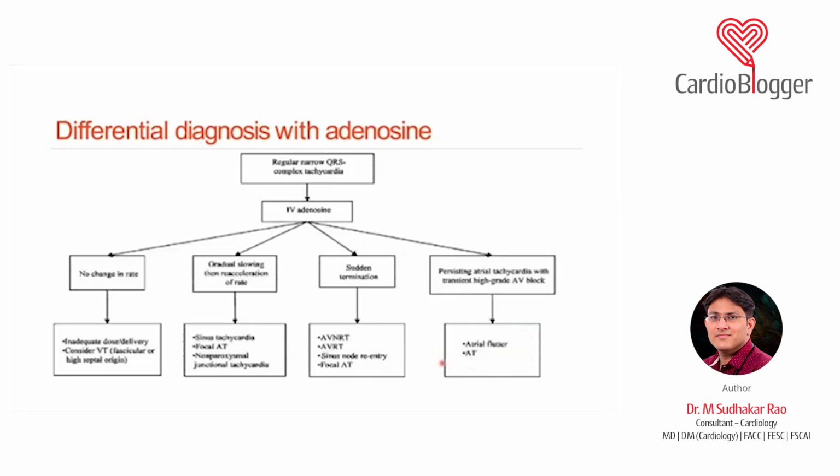And if the tachycardia persists with the AV block, then you should know that atrial tachycardia is likely. So this is how the response to adenosine should be seen. Also, you should see whether the tachycardia terminates with a P wave or with a QRS.